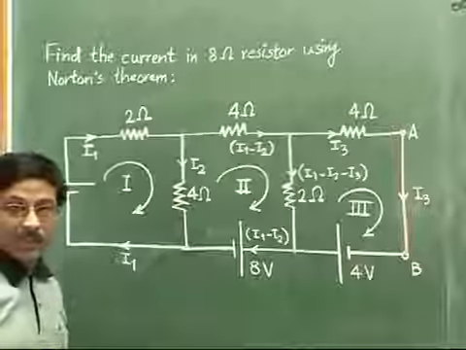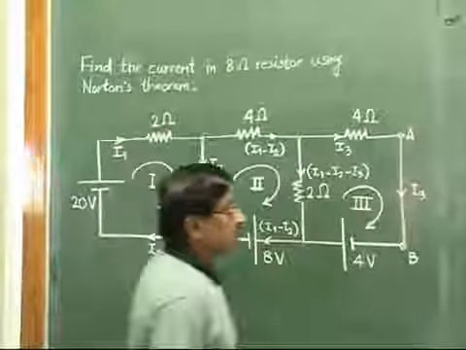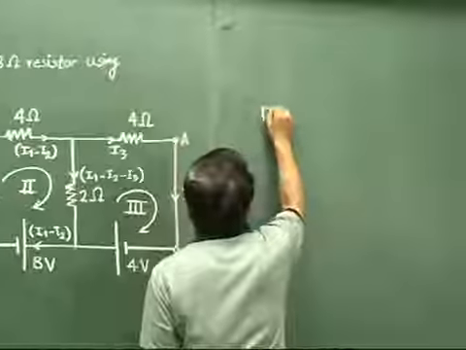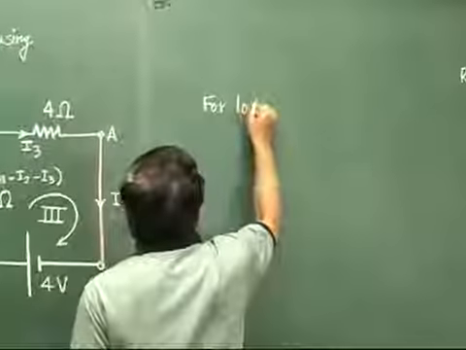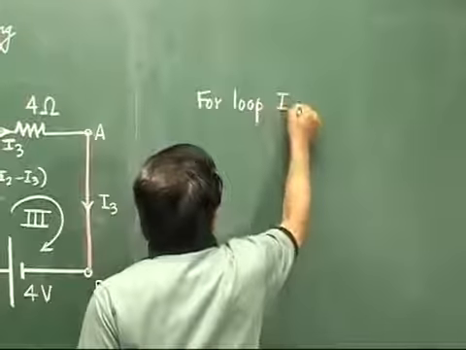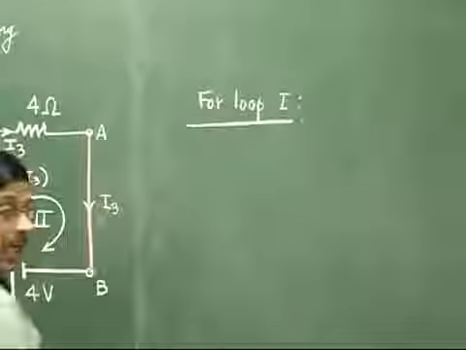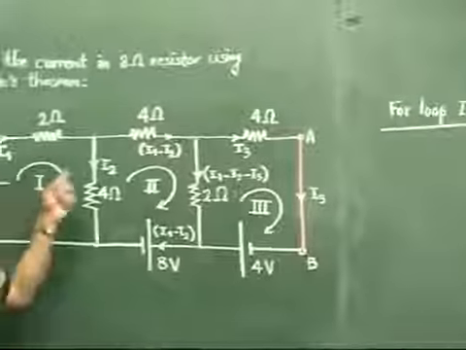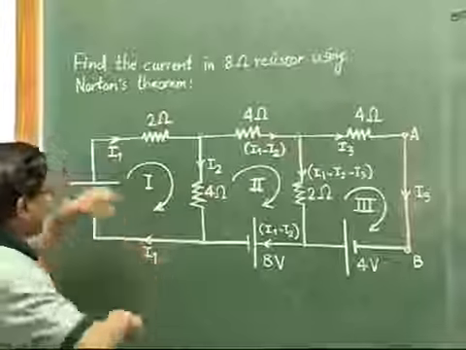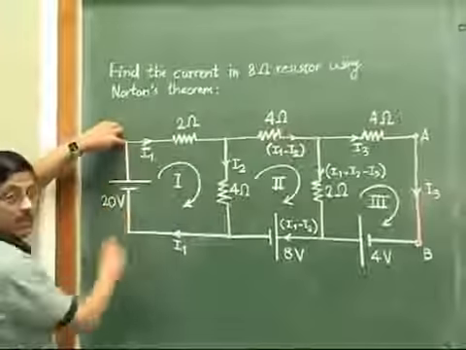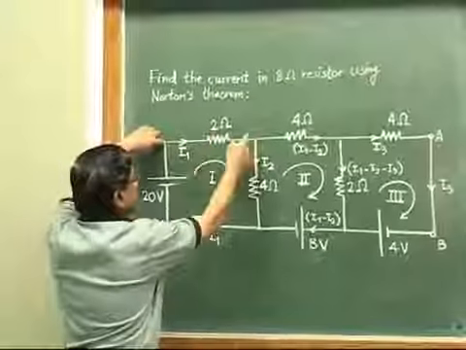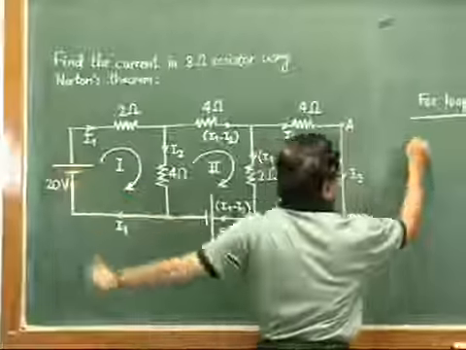And then our next job is just to write the loop equations. So very fast we will write it. For loop 1, what would be the equation? We have assumed our direction of travel like this, clockwise for all the loops. So suppose for this loop 1, we start from this point. Now this to this, it will be minus 2I1.